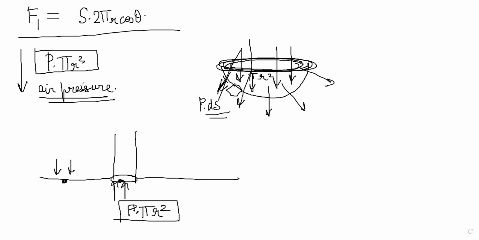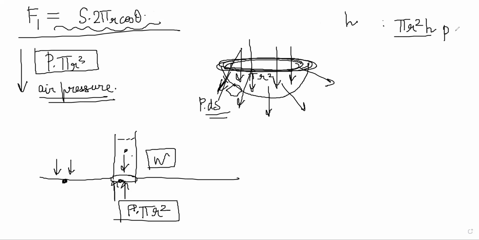So this vertical force cancels this vertical force. So what is the force remaining? The weight. The weight has to be balanced by this. So the force F1, equal to 2 pi r S cos theta, will balance the weight. Therefore, if h is the height raised in the tube, the weight will become pi r square h, which is the volume of the cylinder, into rho into g.